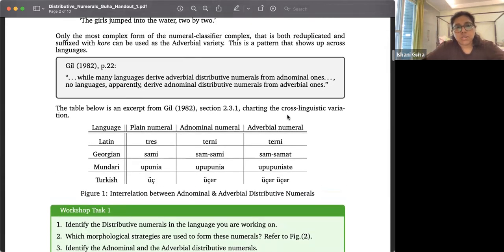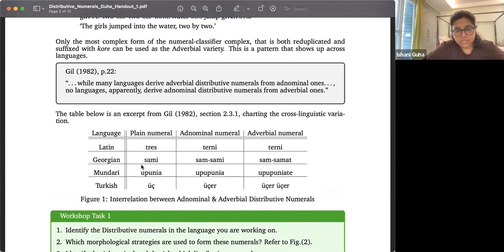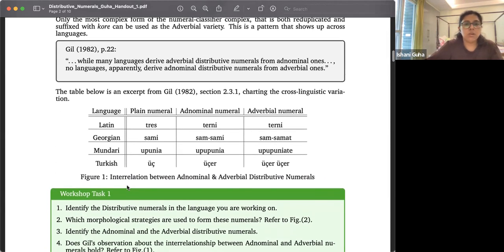So Gil gives us a very nice table for this cross-linguistic variation. So I've quoted from him. These are the examples from just 4 languages. So look at figure 1.